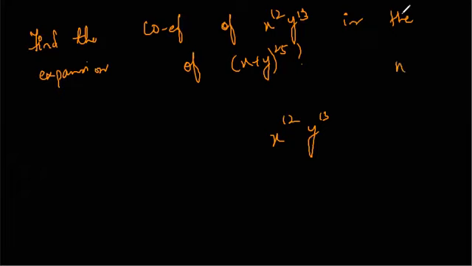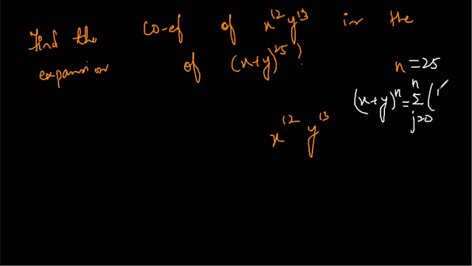So n is equal to 25, x plus y whole power n is 25, and let's compare the sum over j is equal to 0 to n of nCj x power n minus j y power j.